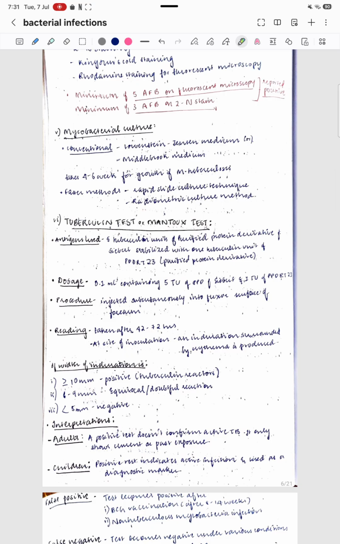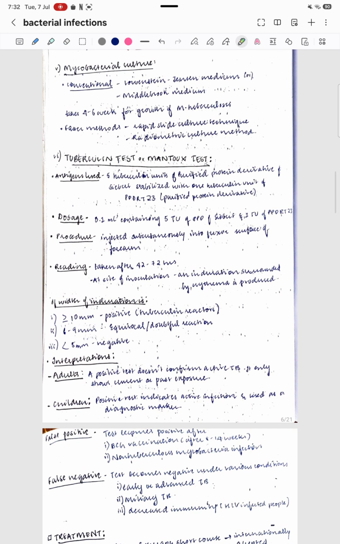So basically in the tuberculin test, 5 units of tuberculin is used, with 1 tuberculin unit of PPD RT23. Dosage is 0.1 ml, and the procedure is to inject intradermally into the flexor surface of the forearm.